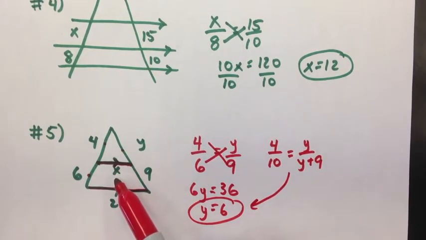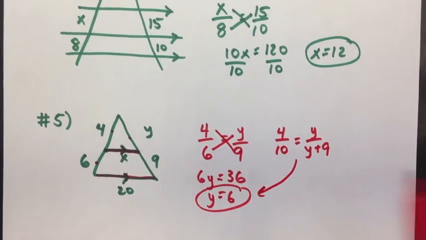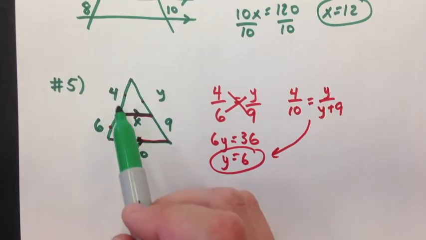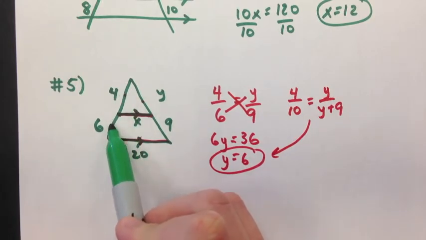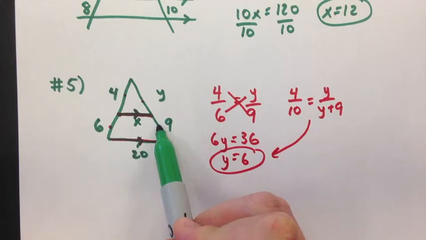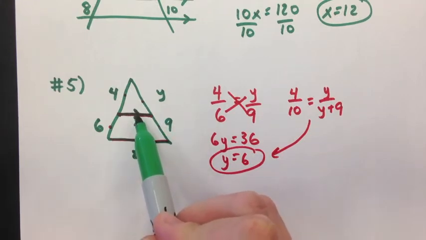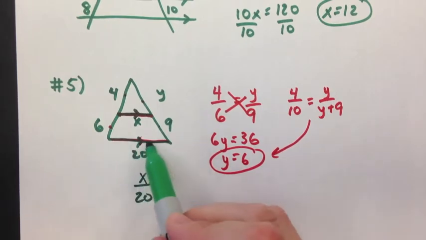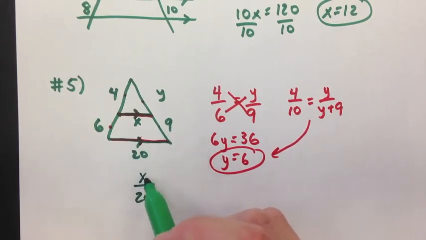Okay, so you can use the parallel lines. Where you do have to be careful though, when I'm trying to find the x, 4 and 6 are parts of the big triangle. Y and 9 are parts of the big triangle. X is not a part. X is a side of the small one, and 20 is a side of the big one. So these are sides.